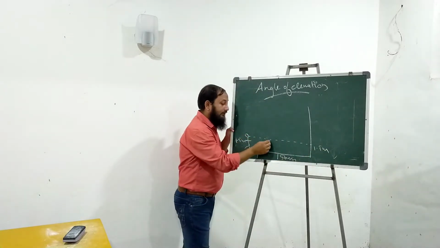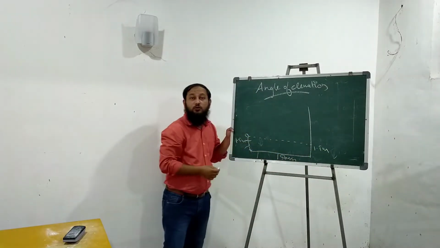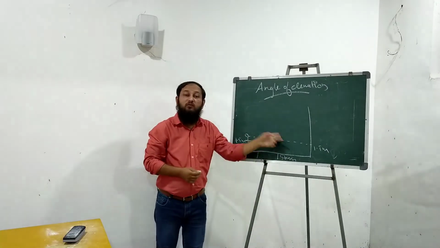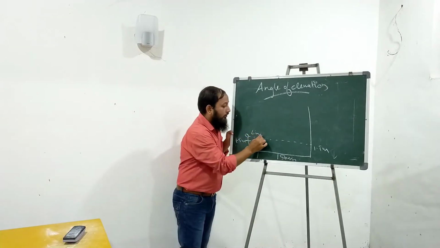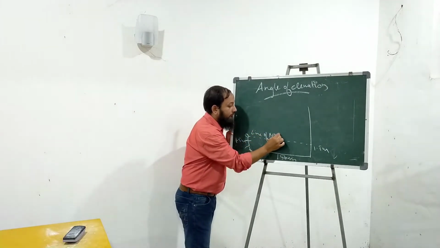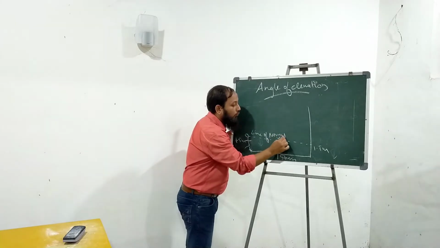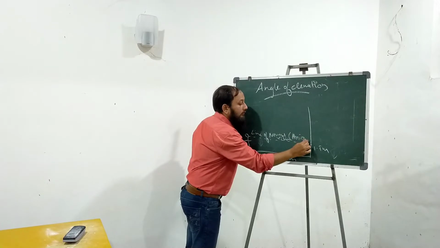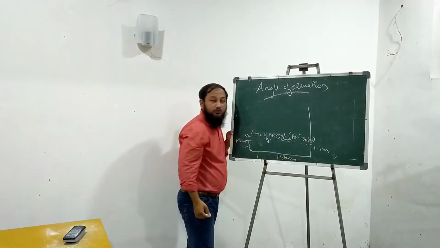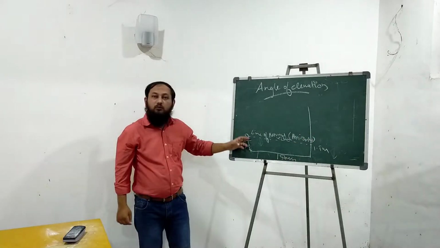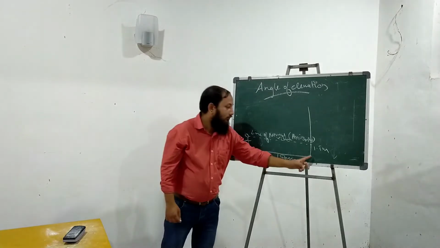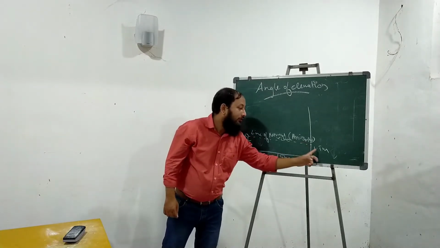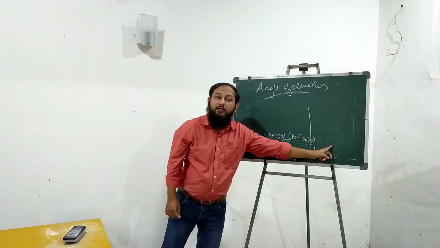This line is called the line of normal vision. It's always horizontal. So he can see the building at a height of 1.5 meters only.